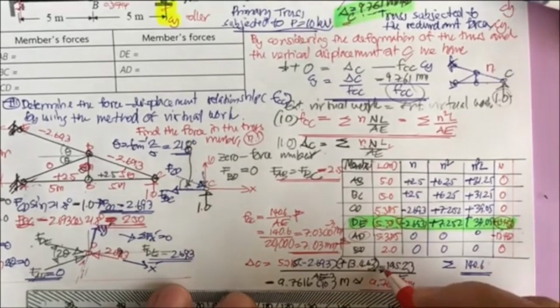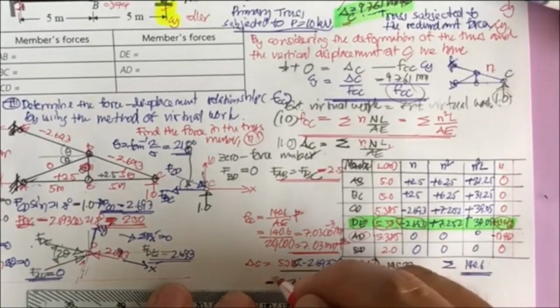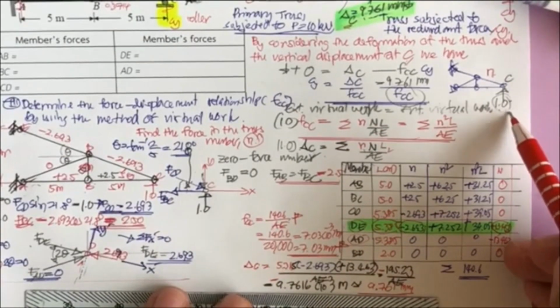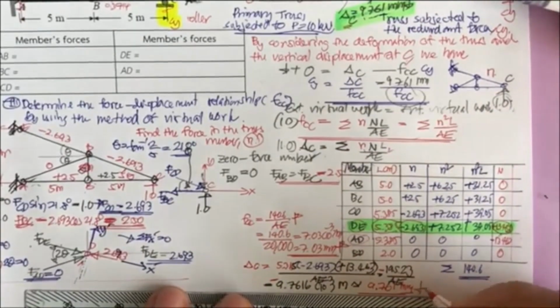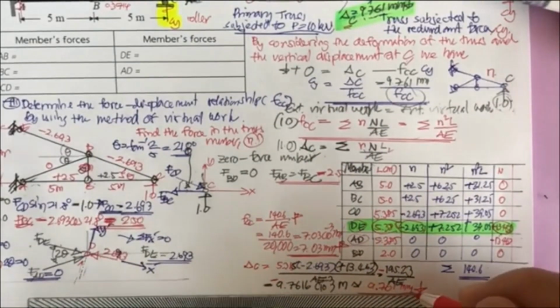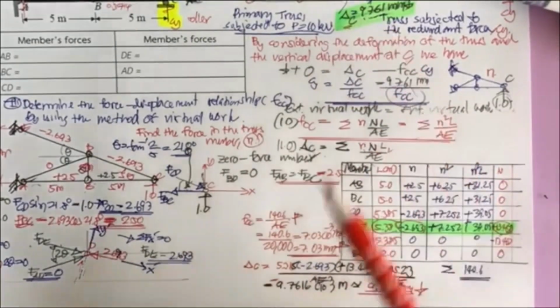And this is negative. This one is negative, so this one is positive. It's going to have the opposite direction of this, so it's down. So check. You got this result for what is given over here.